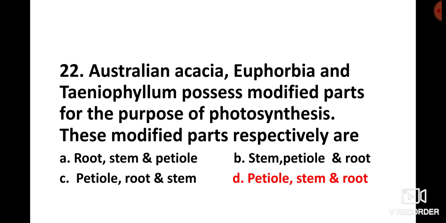Australian acacia modified part is petiole for the purpose of photosynthesis, and euphorbia modified part is stem for the purpose of photosynthesis, that is phylloclade, and Taeniophyllum modified part is root, that is photosynthetic root.